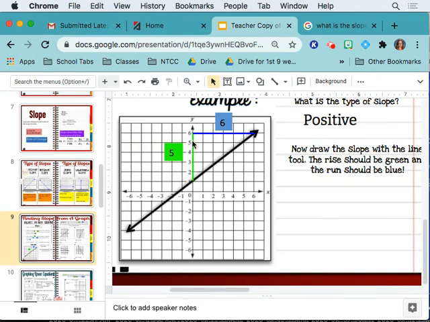And if we were to do this again, I'm going to show y'all something really cool because we can do it on the computer like this. Select your green line, push shift, and select your blue line. Wait, can you say that again? Click on your green line, push shift, click on your blue line. Okay.